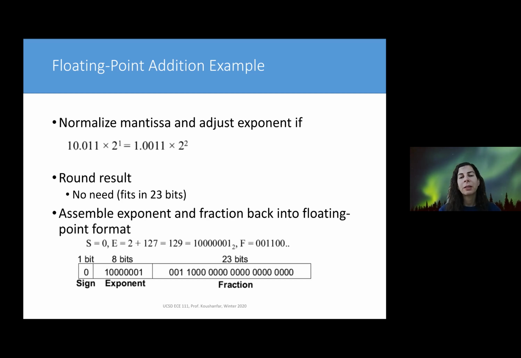If you're talking about the multiplication, then the exponents get added up. But when you're adding up the exponents, you have to make sure that you account for the bias. So remember, each of the exponents has that 127 bias.